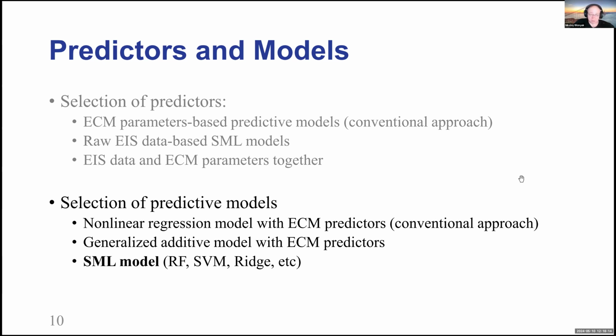This assumes that one knows the form of the nonlinear regression functions. However, if this is not known, one would need to estimate the shape of the nonlinear regression function from the data. And this is where the second approach comes in: generalized additive models with those same parameters. That is just to see whether the choices of nonlinear regression functions used in the literature are sensible or not. And the last set of models is the statistical machine learning models, such as random forest, support vector machines, ridge regression, and so forth.